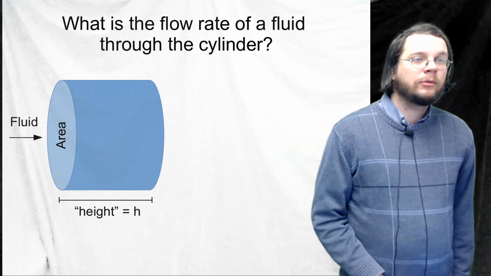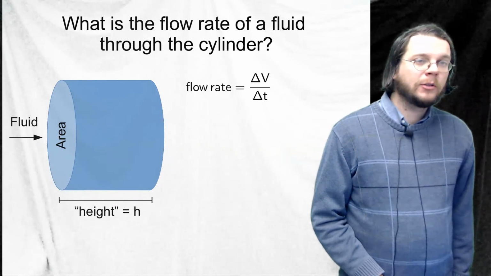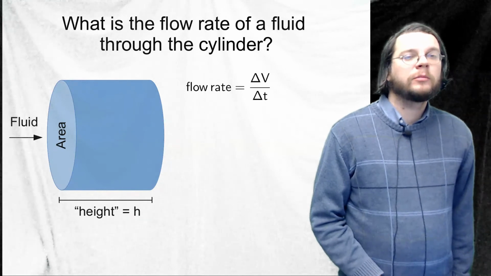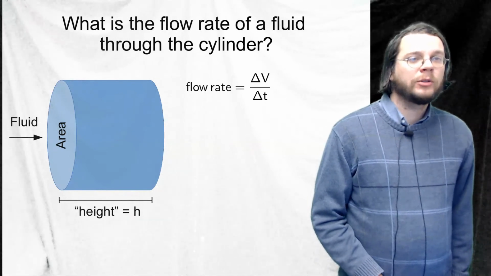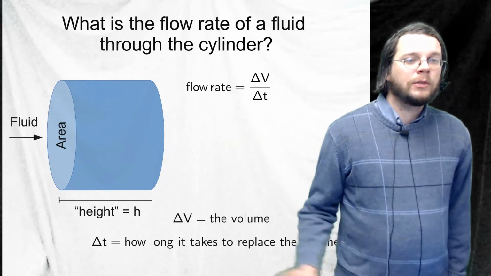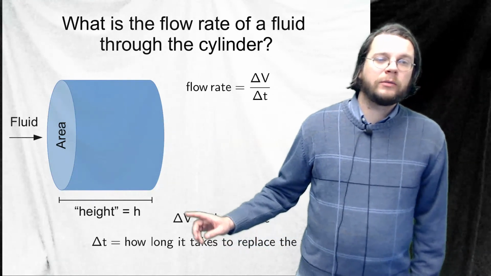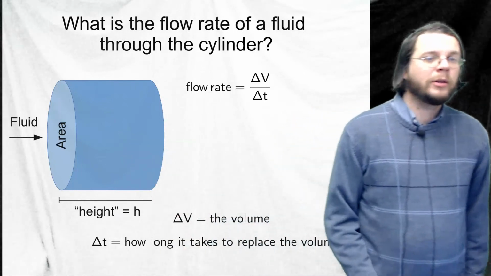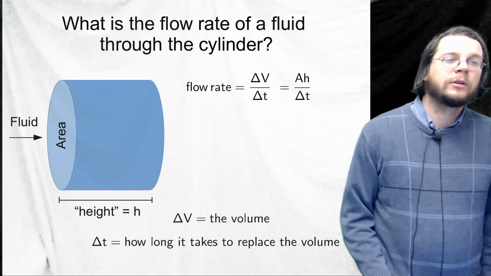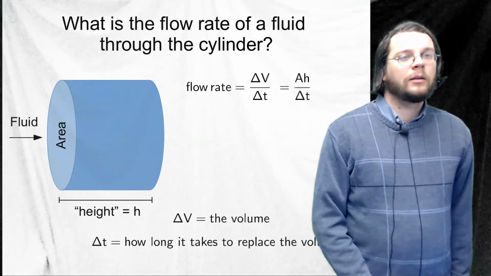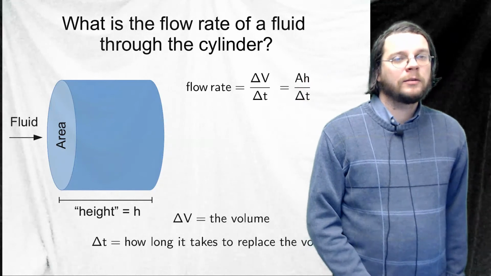And what's the flow rate? Well, there's a certain speed, or is it change in volume per time? So how much volume is entering this thing per time? And so this delta V, let's say, is the full volume, and this delta T is how much time it takes to replace that volume with a new set of fluid. And so that whole volume is going to be the area times the height.